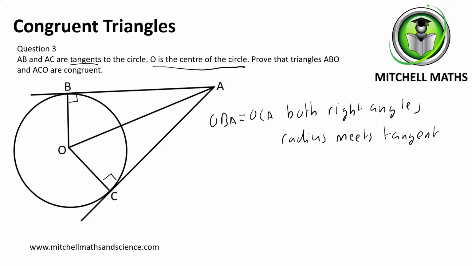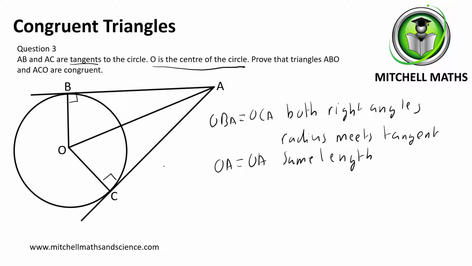Right, so I've got a right angle. I also need to next prove that the hypotenuse is equal. So what's the hypotenuse? Well, that's OA, and actually that's the same length for both of them. So OA equals OA. It's the same length, so it's going to be the same for both.